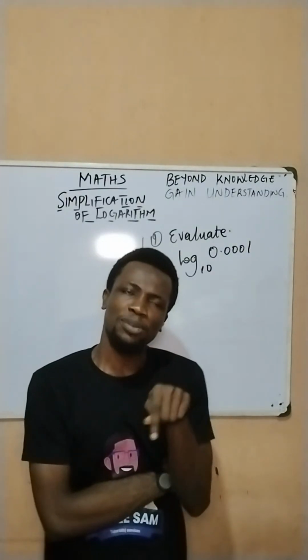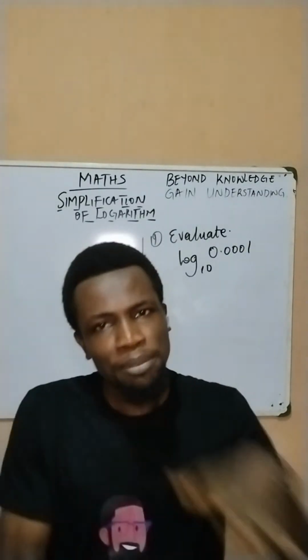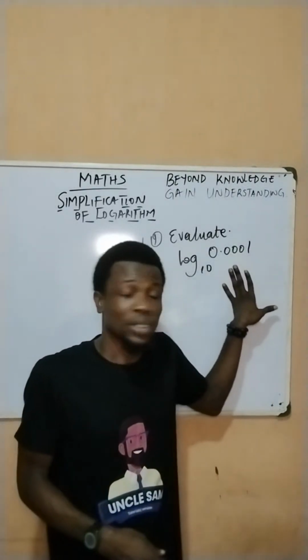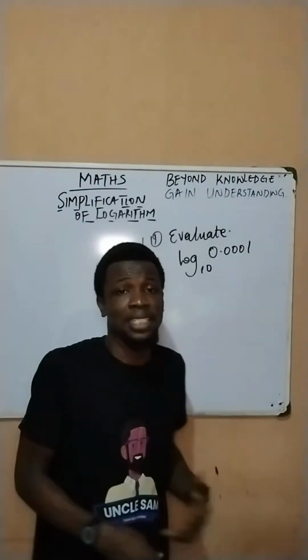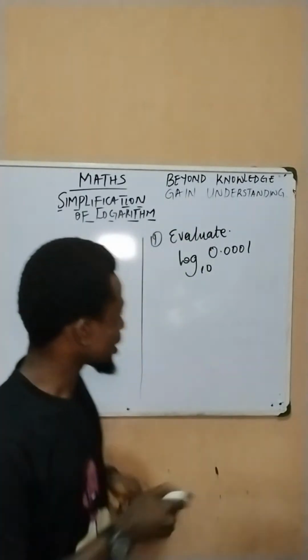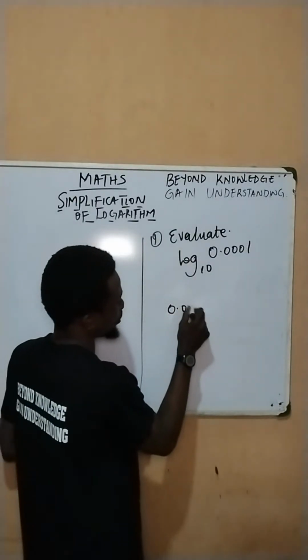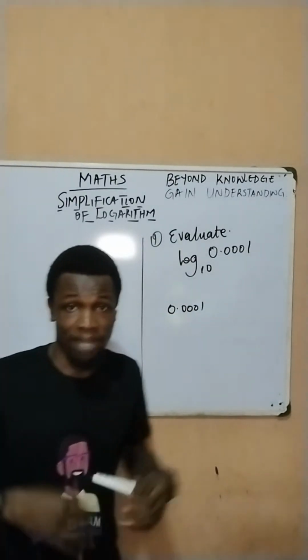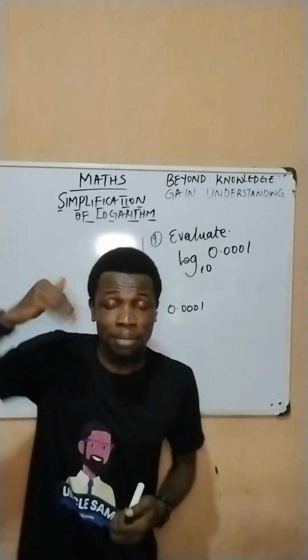And so the first process I will employ in simplifying this particular expression is to find another way to represent 0.0001. Normally, if I have 0.0001, I can first try to change it, employing my knowledge of fractions.